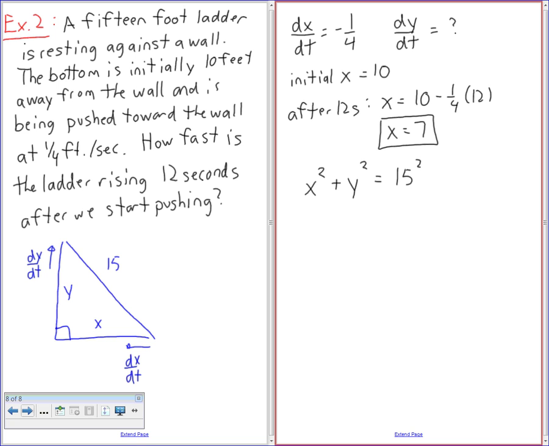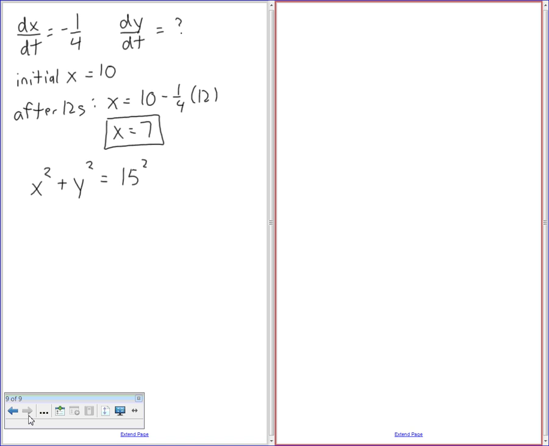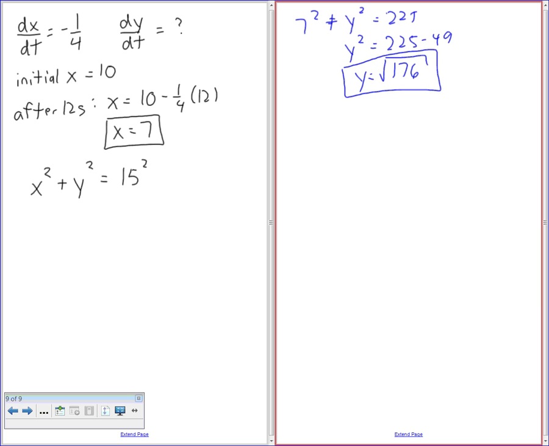How would I get the value for y? Nobody knows how to get the value for y? You guys are thinking way too deep. Pythagorean theorem again, right? So I'm going to say 7 squared plus y squared equals 225. So that's y equals the square root of 176.